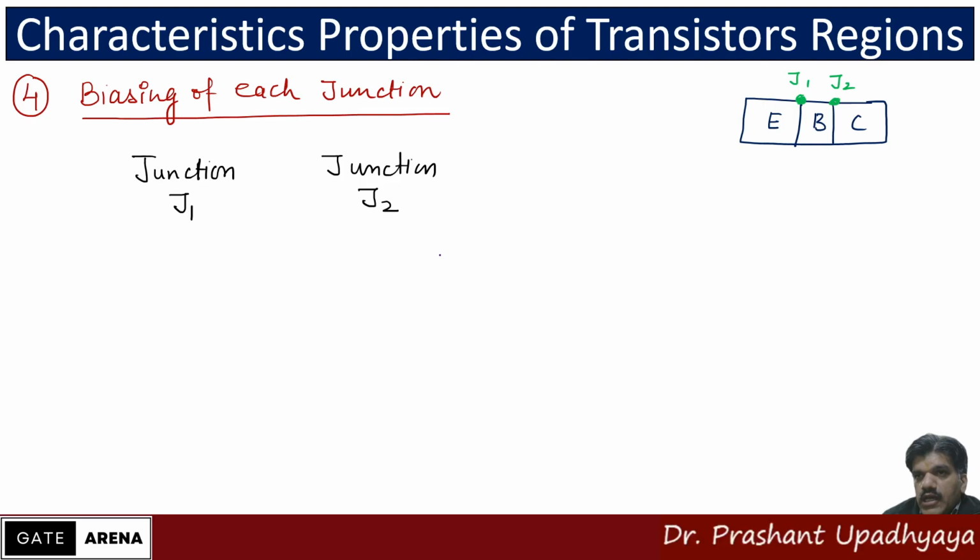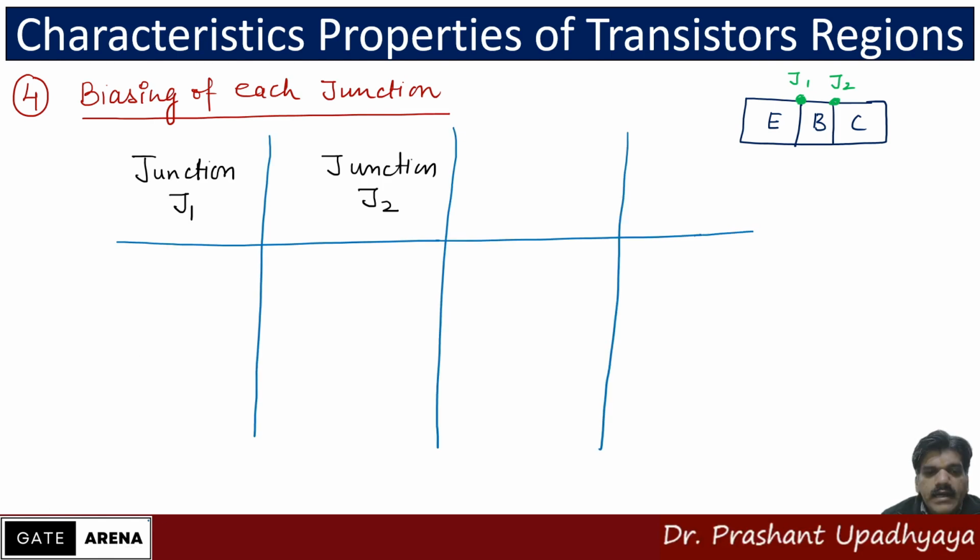Right now we will not be talking in much detail about the modes of operation, but we are trying to give you an overview of how these junctions can be connected.